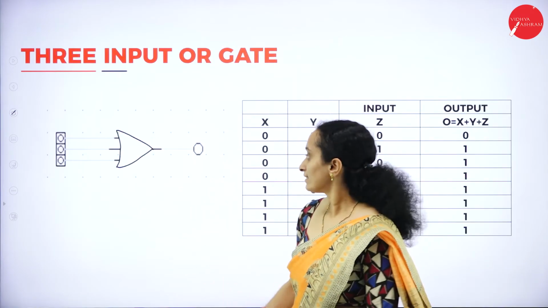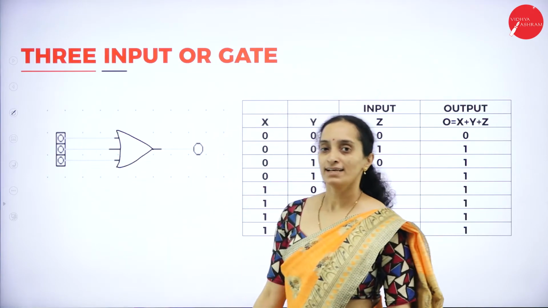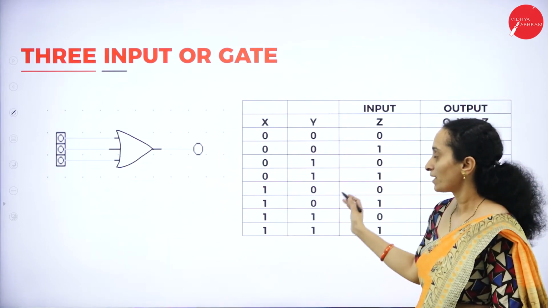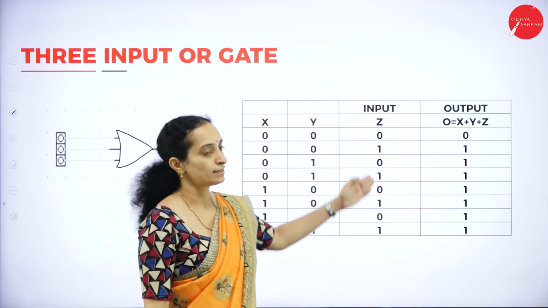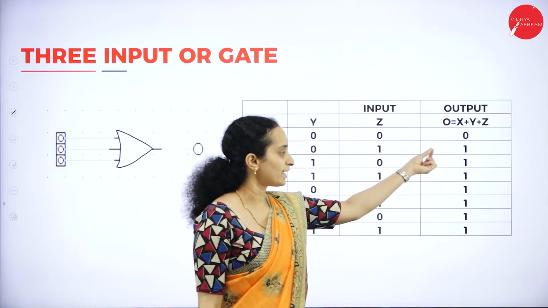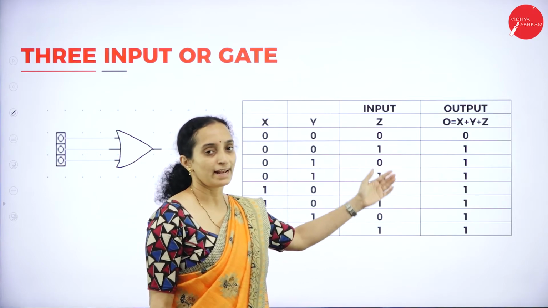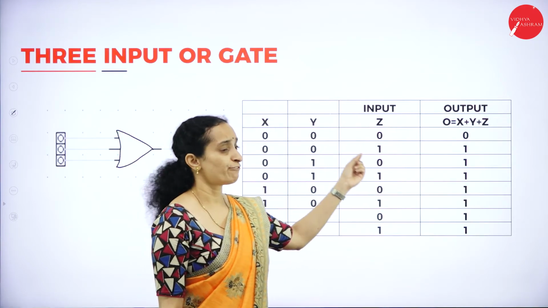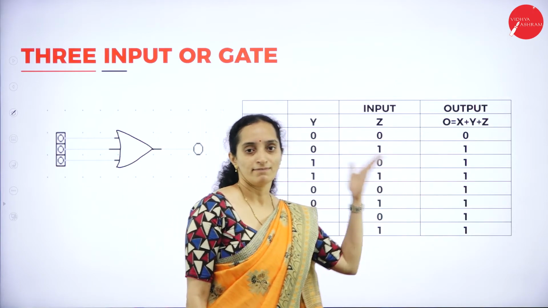Now, we have the 3 input OR gate with 3 inputs and an OR symbol. Here we have the input table with different combinations. In this, you will get 1 if any one of these 3 inputs becomes 1, your bulb will glow.